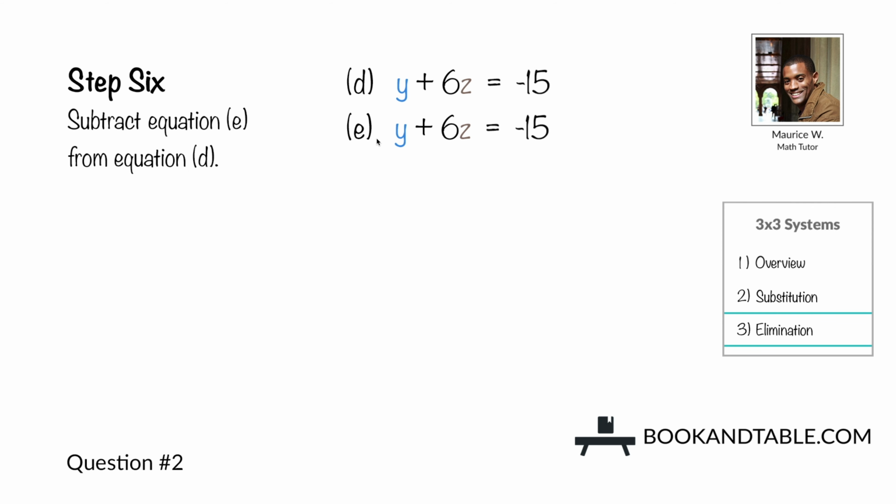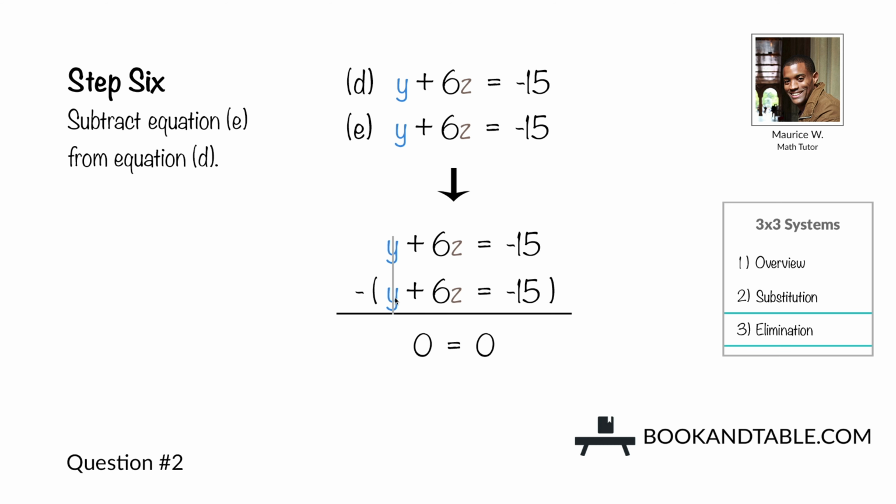So now when we try to eliminate our y variable, which would require us to subtract equation E from equation D, we get y minus y to eliminate our y's, which would be 0. But then that also leaves us with 6z minus 6z, which is 0. And -15 minus -15 is -15 plus 15, which would give us 0.